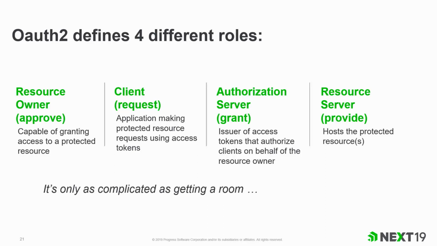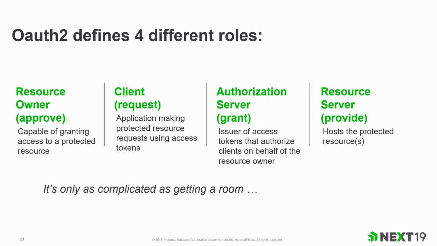We'll go into the 4 roles that are required in the OAuth 2 flow. There's the resource owner. And by the way, clients and resource owners are separate roles, which is kind of confusing at the beginning, for me anyway. A client is your application. The user is the user who owns a resource.